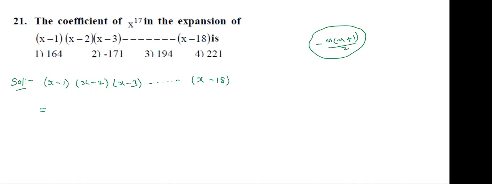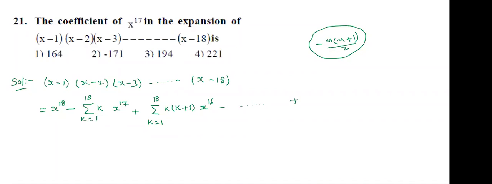So we get the answer like this: x power 18 minus the sum of the roots, that means sigma k, where k is equal to 1 to 18, into x power 17, plus the next term, students, the sum of the products of the roots taken 2 at a time, x power 16, minus, and so on.